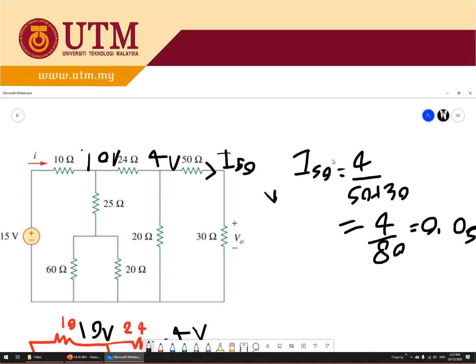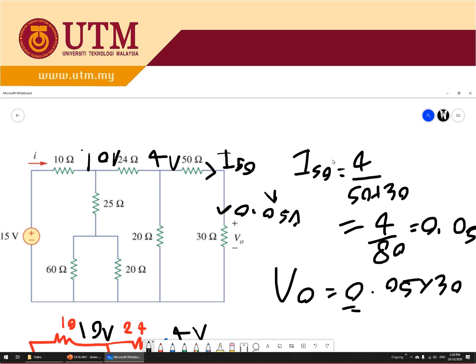So you get the current. Next, V out is basically just use Ohm's law. 0.05 multiplied by 30, so you get 1.5 volt.